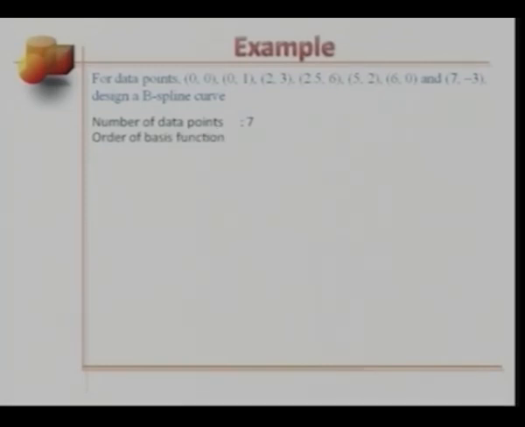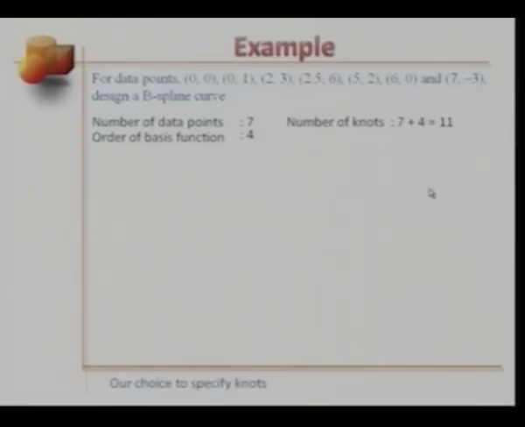Let's design an order 4 B-spline curve. We have to specify the order here as an independent choice. Correspondingly, the number of knots will be the number of data points, which is 7, plus the order of the curve, which is 4, and that will be equal to 11.